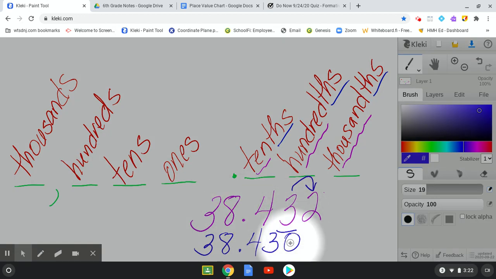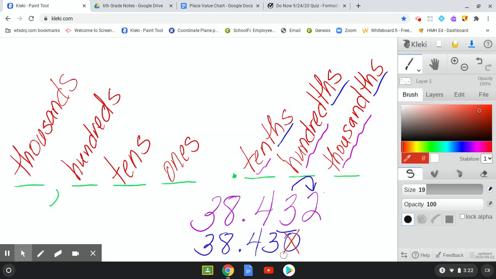Now, the one thing about decimals: if I'm rounding to a place value that is to the right of my decimal, so anything with a "ths" at the end, if I said to round to the hundredths place, that's the last digit I should have in my rounded answer. Technically I do not need that 0, okay?